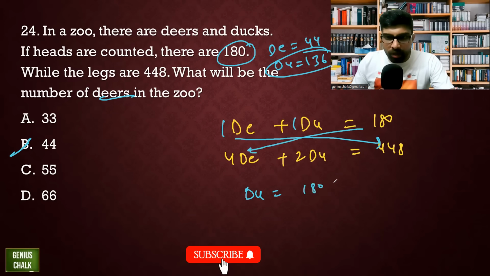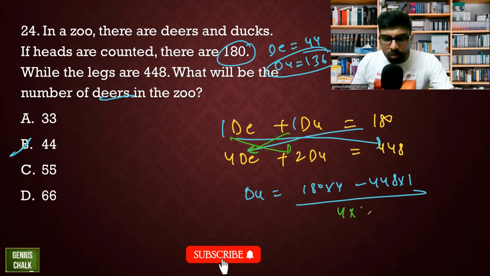So it is going to be 180 into 4 minus 448 into 1, divided by 4 into 1 minus 2 into 1.